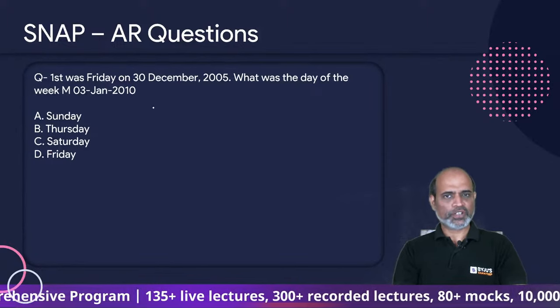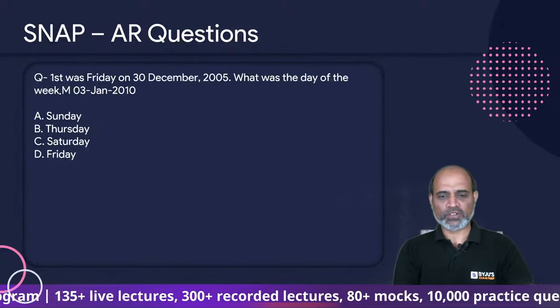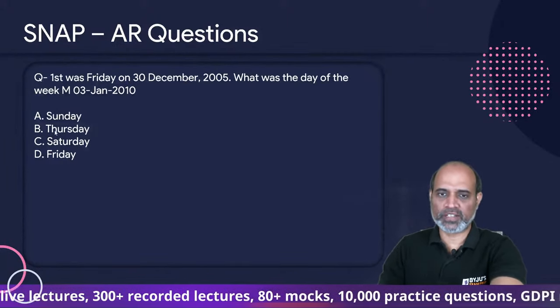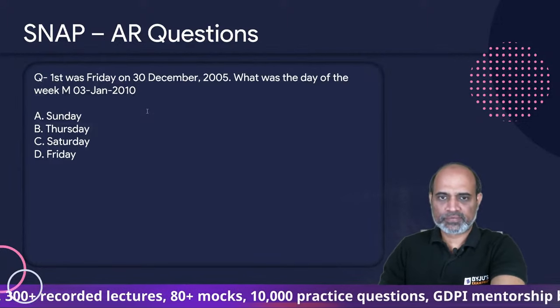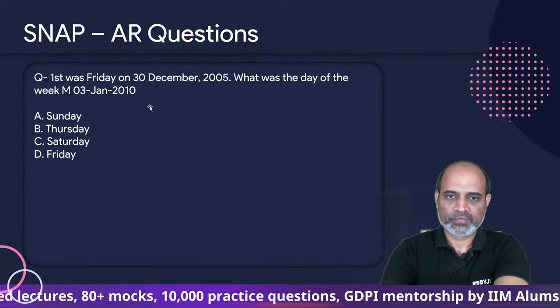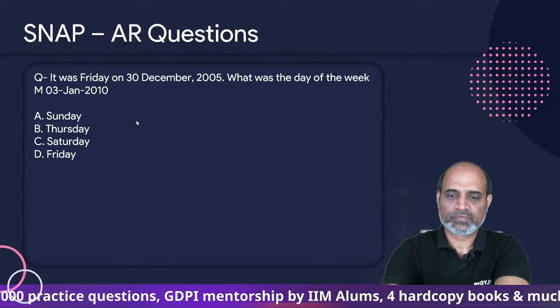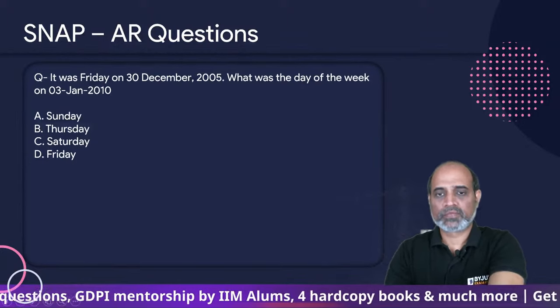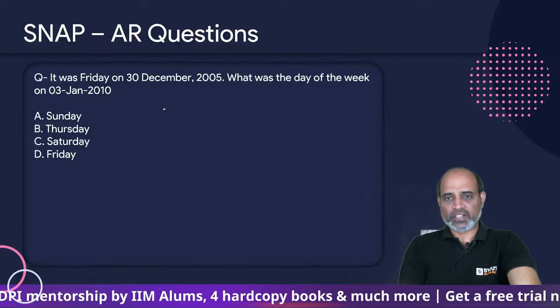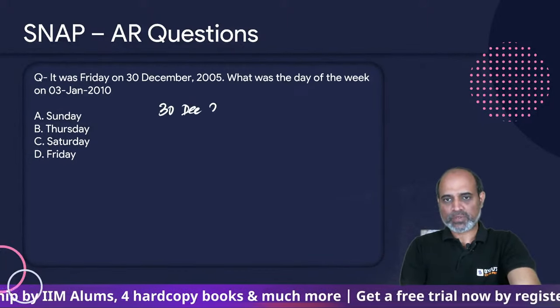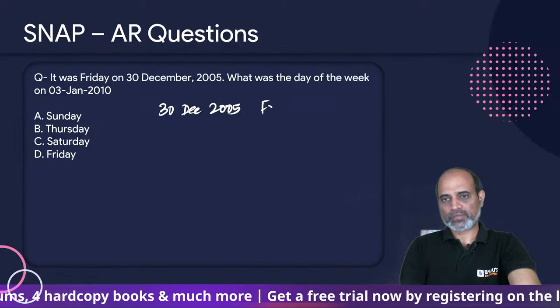That would make sense. So it should not be first, it should be it was Friday. So 30th December 2005 was Friday.